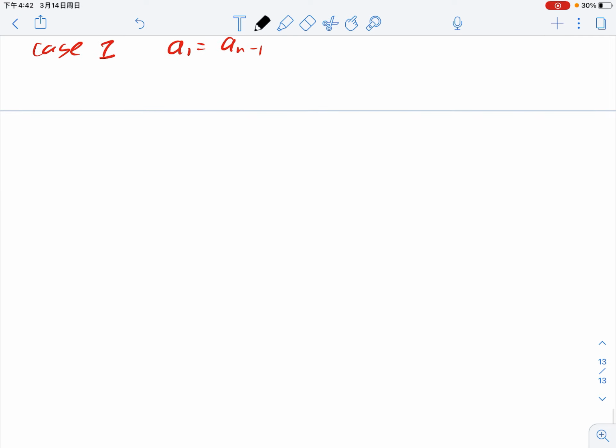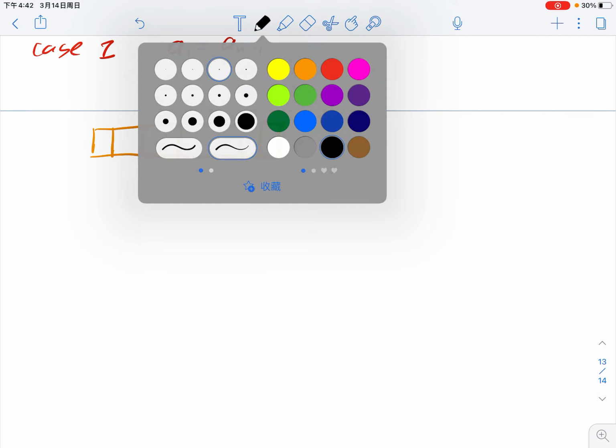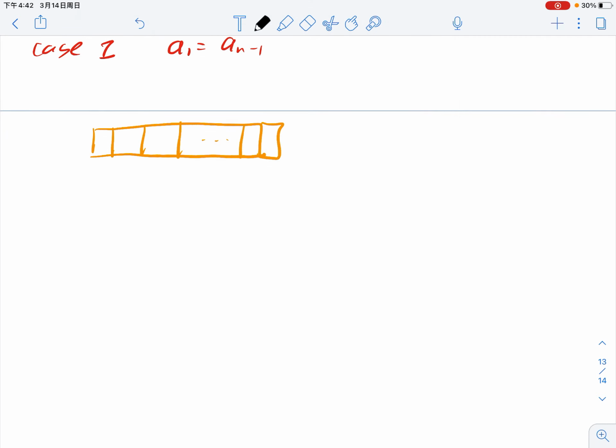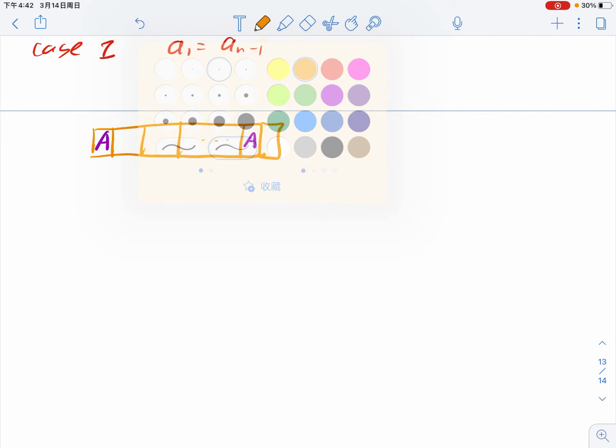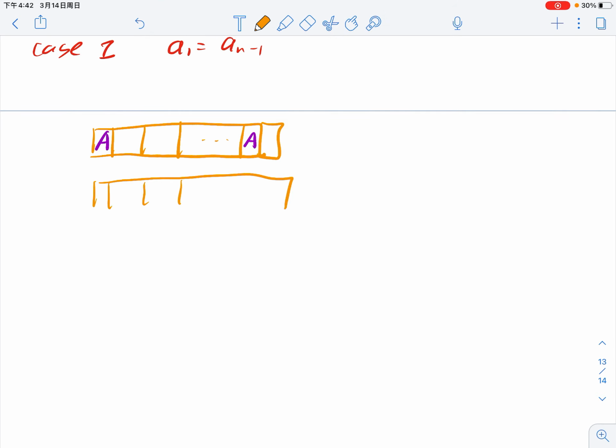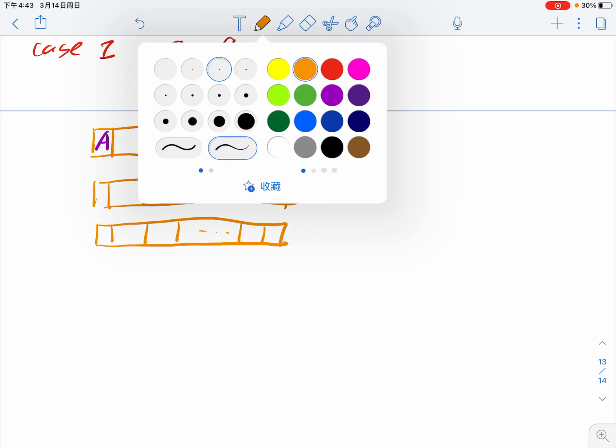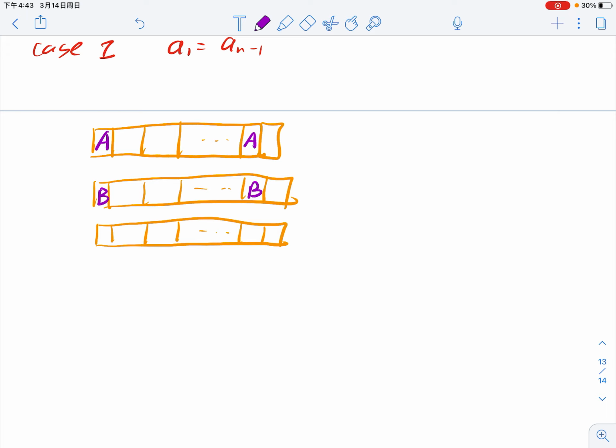You have the following possibilities. Here you have A and A here, and of course you can have B, C.